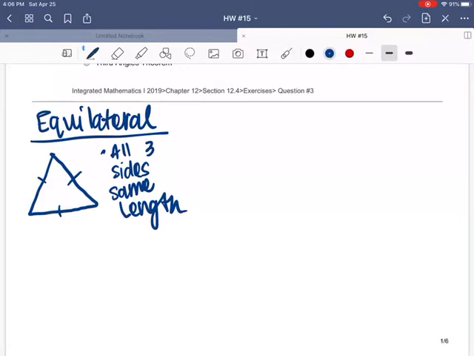And because all three sides are the same length, all three angles are the same size. And since a triangle is 180 degrees, if we have three angles that are all the same size that have to add up to 180, we can do 180 divided by 3. It means all three angles are 60 degrees.